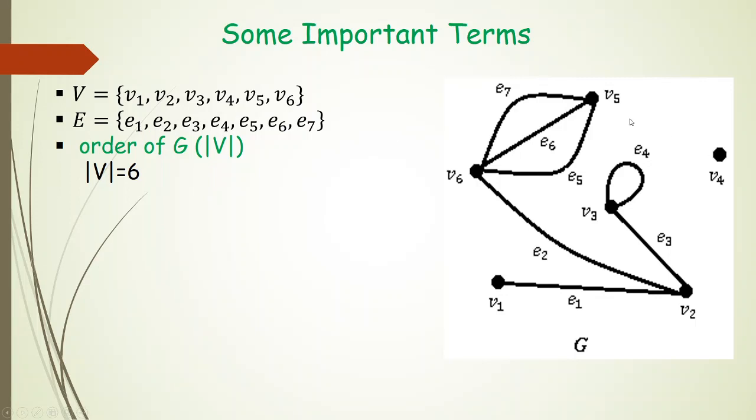Okay, so in this example, try to look at this figure on the right. The vertices are labeled V sub 1, V sub 2, V sub 3, V sub 4, V sub 5, V sub 6. Since there are 6 vertices, your vertex set is the set containing these vertices, these points in this graph.